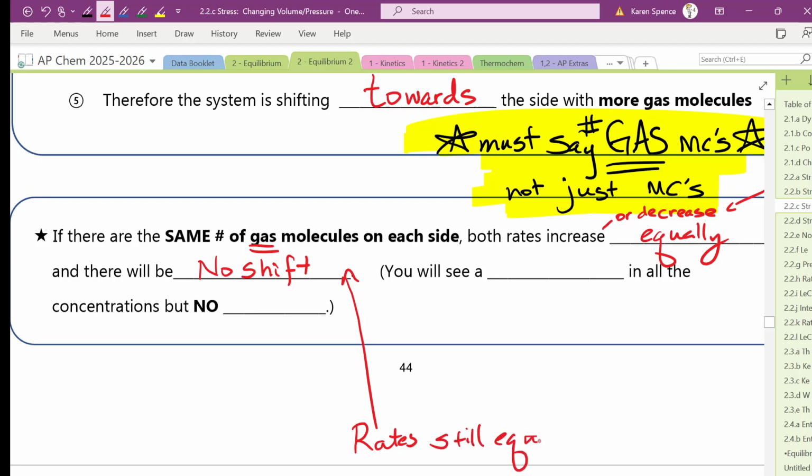We only get shifting if the rates are unequal. So you will see a spike in all of the concentrations as we either squish the container or make the container bigger, but then there's going to be no shift, so you won't see any smooth curves.